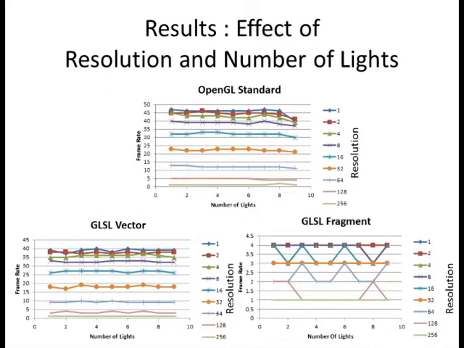There's just something unsettling about these results, something that's not quite right about them. These results made me question how I had the test set up, so I went back into the code to try to figure out what was causing this strange behavior. In particular, the GLSL programs are not affected by the number of lights, which just doesn't seem right.